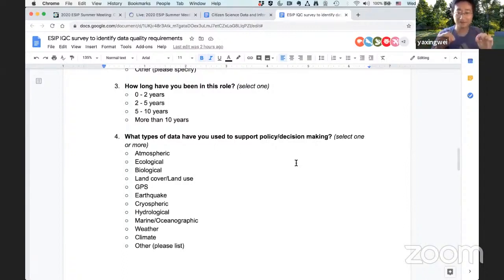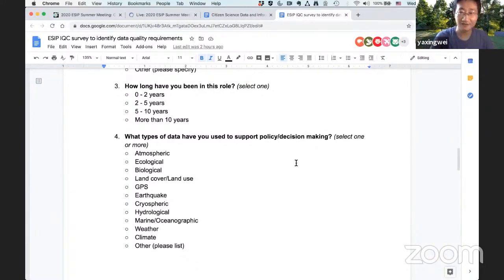I want to mention that a number of questions in this survey, especially those few questions at the beginning, do not limit to citizen science data. We want to get their thoughts and ideas on different types of data.